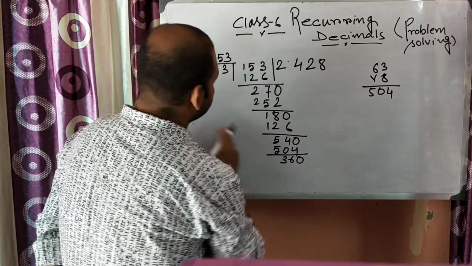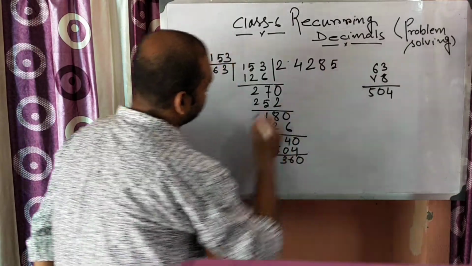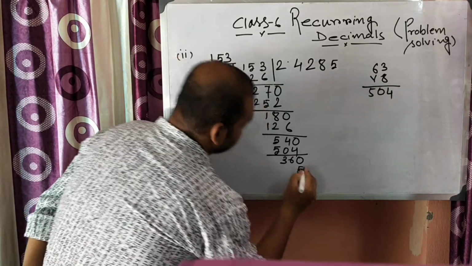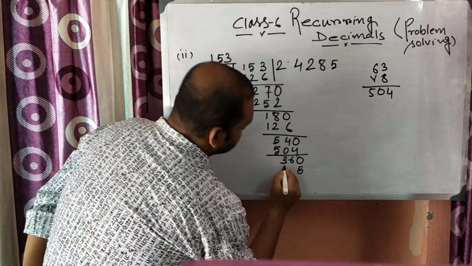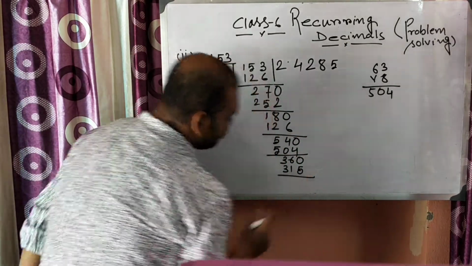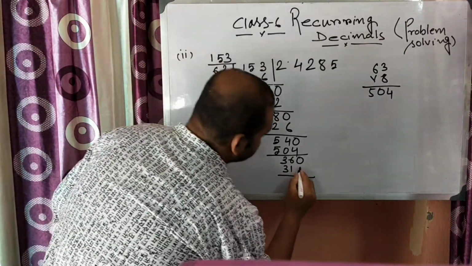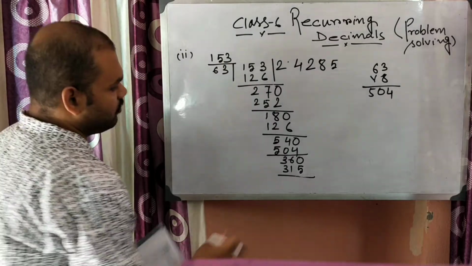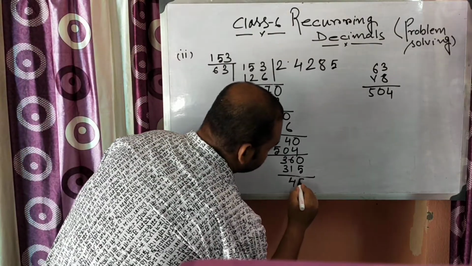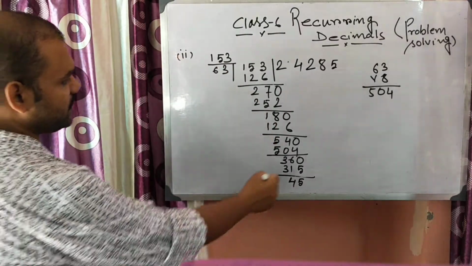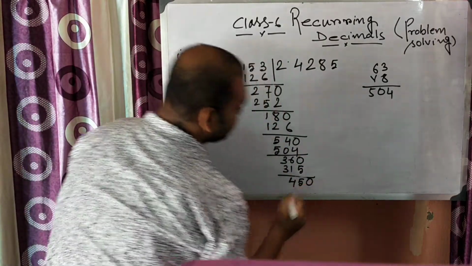Now 6 6s are 36. So 5, 5 3s are 15. Now it will be 45. So bring 1 0 here.